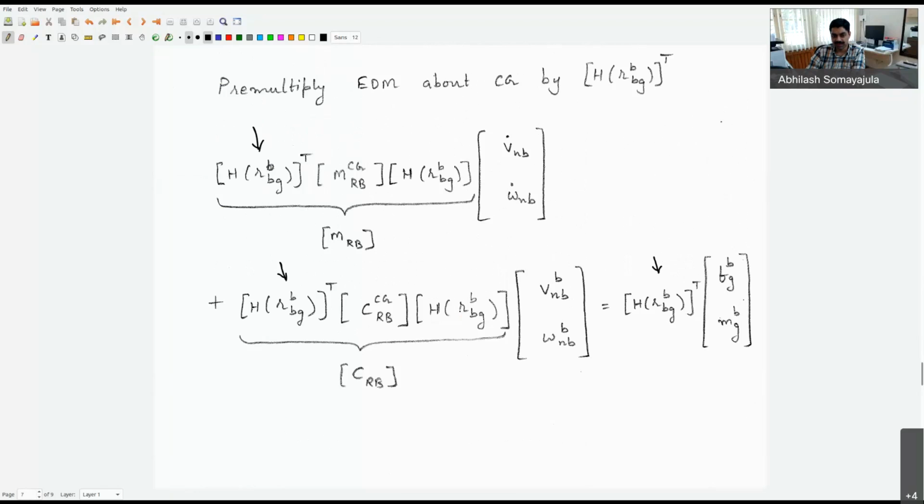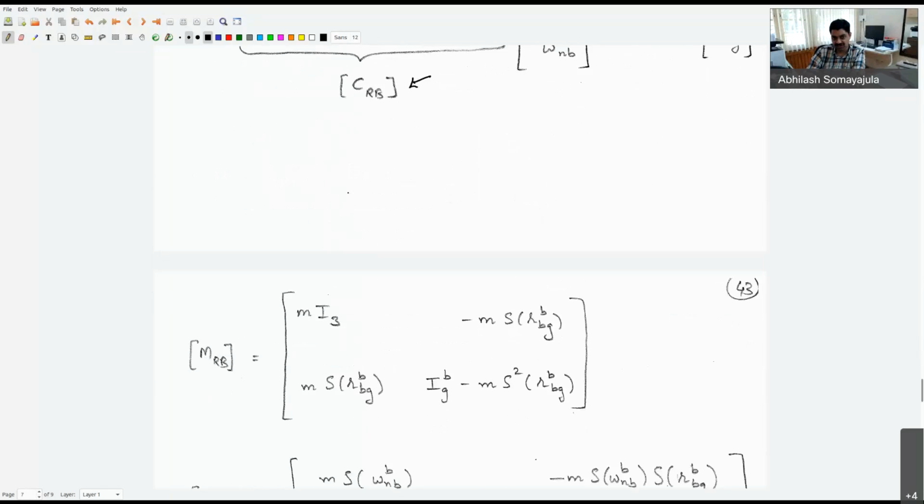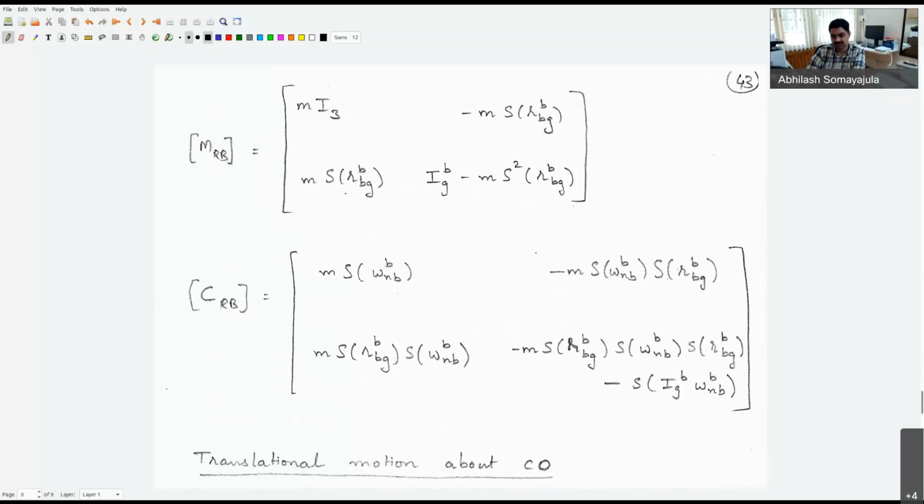So now, if I were to look at what this new rigid body mass matrix and the Coriolis matrix CRB are, if I expand these multiplications out and see what happens, this is what I'll end up with.